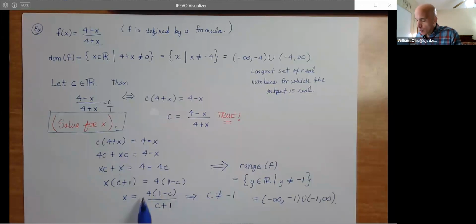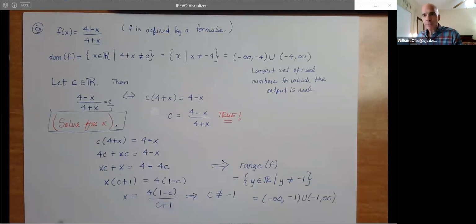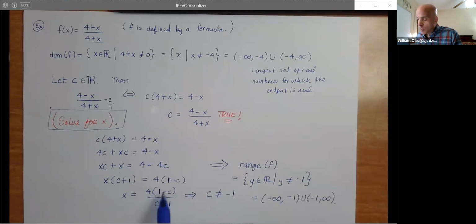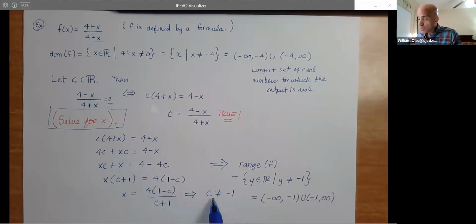And then you look at your expression for X. And you say, okay, all values of C are fine here, but if I look at the denominator, I see that C equal to -1 causes division by 0. And that's not a real number. And so you say, this implies that C does not equal -1, but any other real number would be fine.